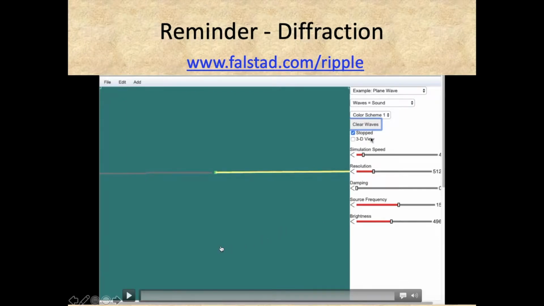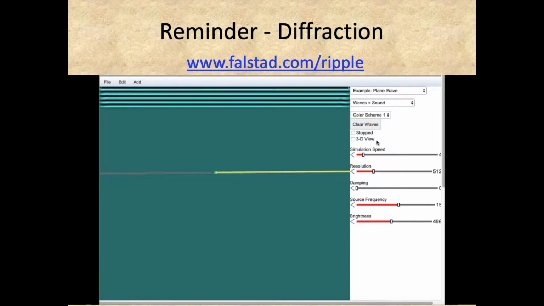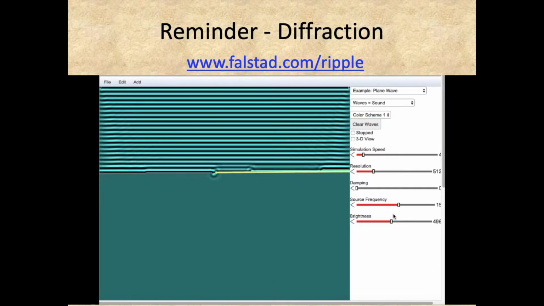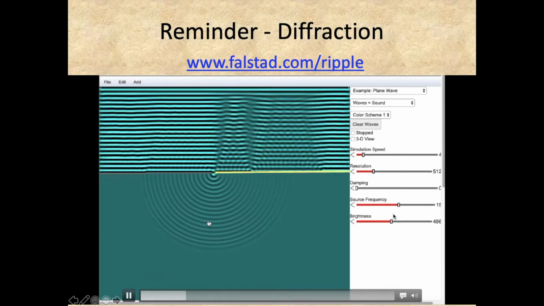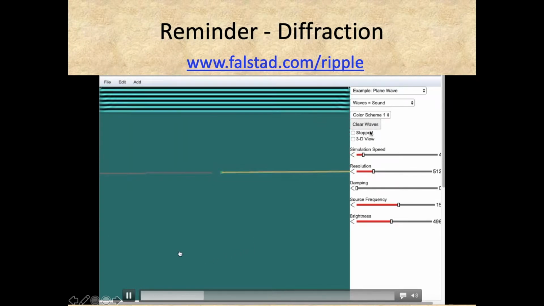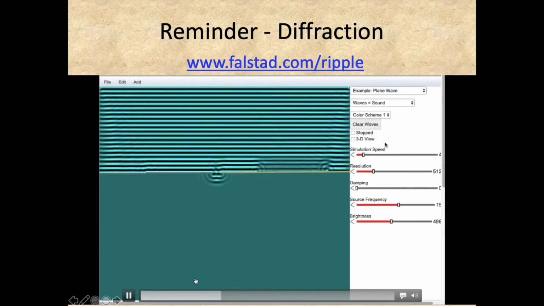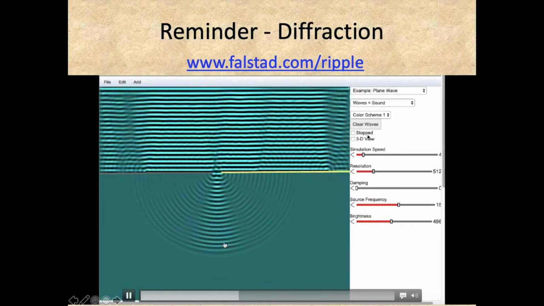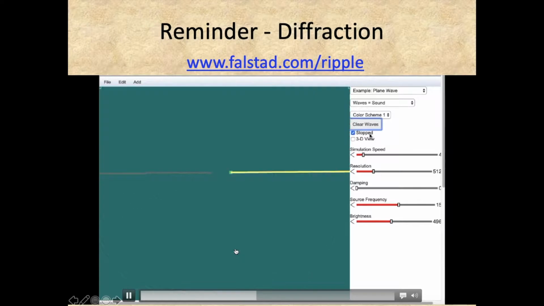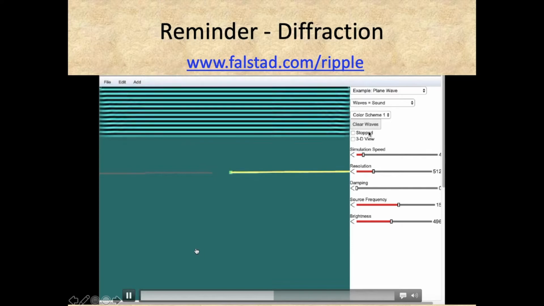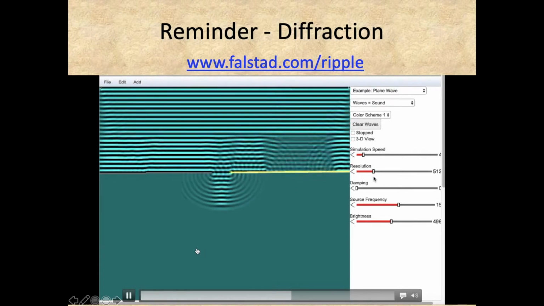But this time I'd like you to focus on how wide the bright region is over here. Very small gap, and you see a very wide bright region. Now a bigger gap, and you see about that much of a bright region.